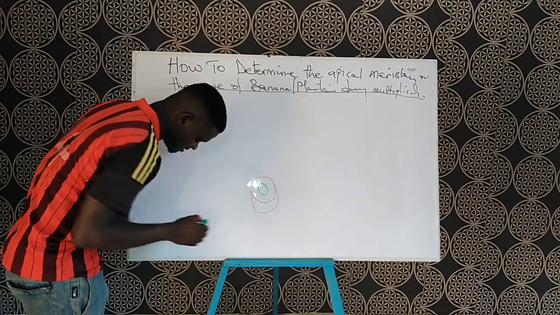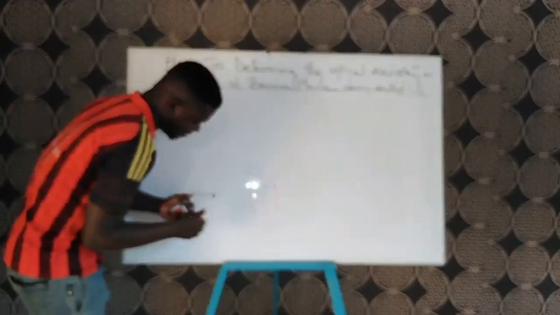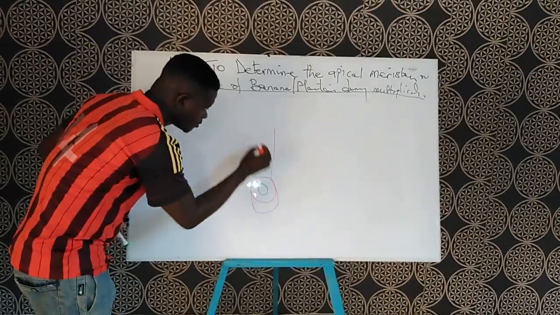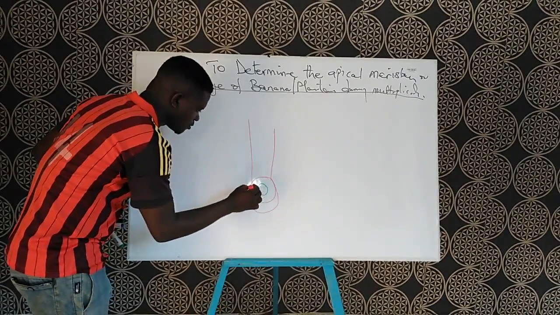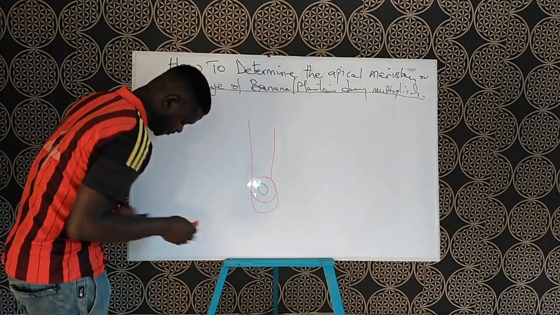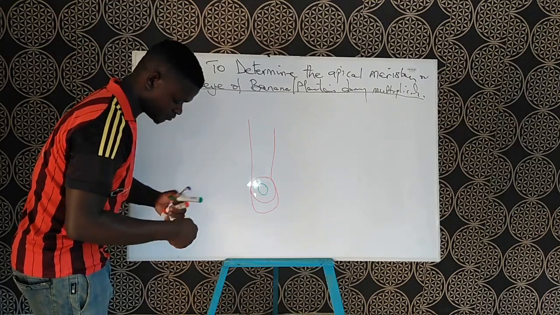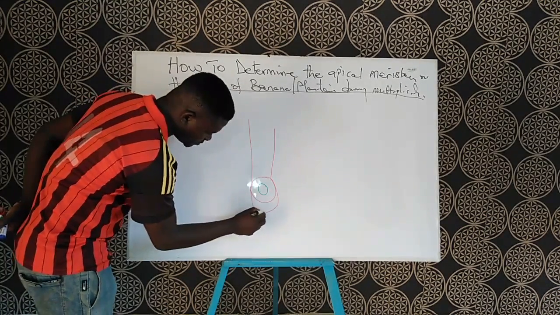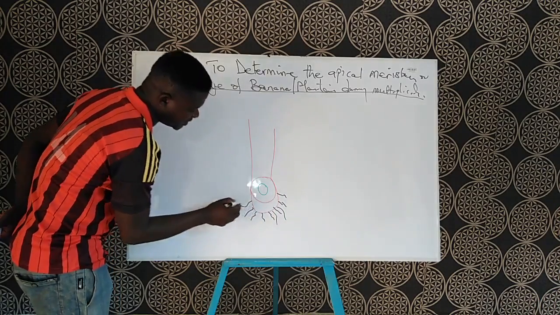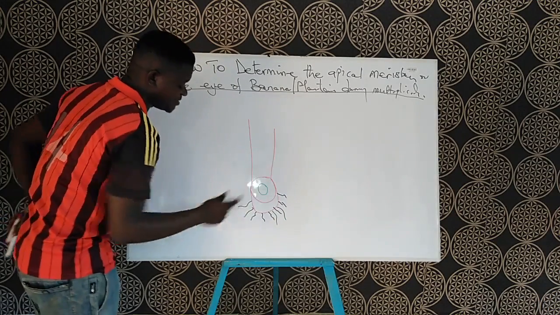Let's say this is the pseudostem, the whole thing. So these are the roots, the roots of the plantain, and this is the pseudostem, the base.